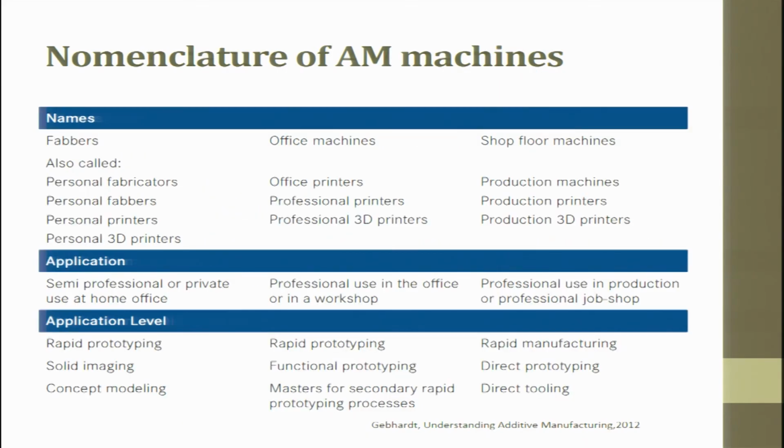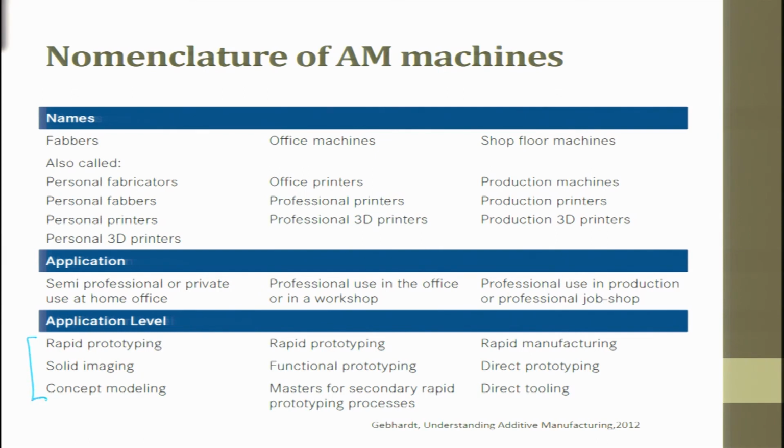When we look at the nomenclature in more detail, these are also called personal fabricator, personal Faber, personal printer, personal 3D printer, and the application is semi-professional or private use at a home office. The application levels are rapid prototyping, solid imaging and concept modeling.